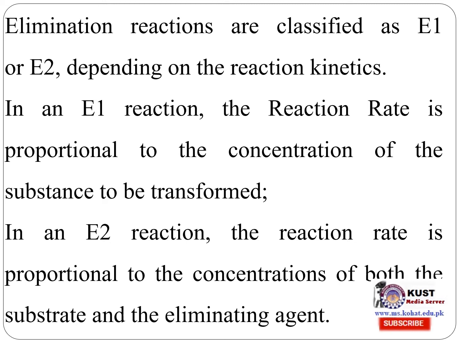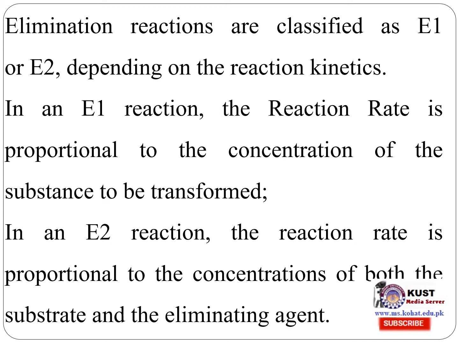Like the substitution reactions, the elimination reactions are classified as E1 or E2, depending on the reaction kinetics. Similar to substitution, the SN1 reaction is that reaction in which, in the rate determining step, one molecule, that is the substrate, is involved.